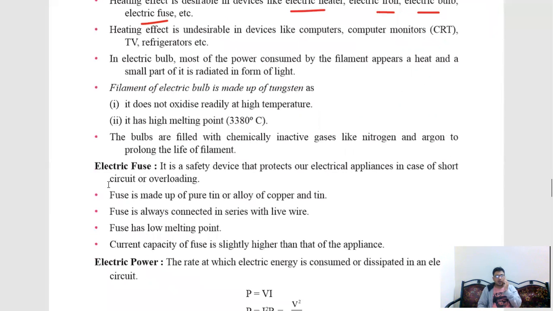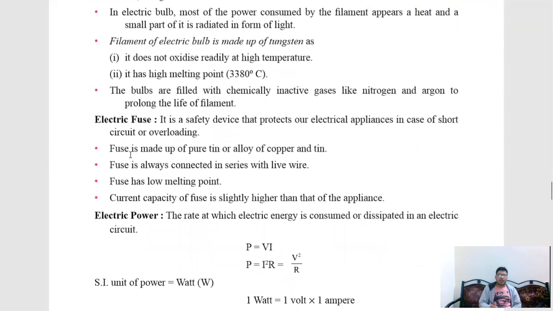And at last here we have to see the electric fuse. What is meant by an electric fuse? It is a safety device that protects our electrical appliances during short circuit or overloading. That fuse is made up of tin or an alloy. Alloy means metal plus metal, a combination of two or more metals.